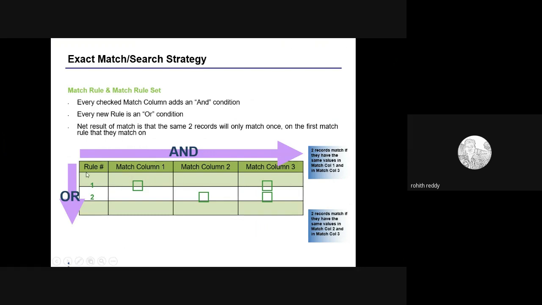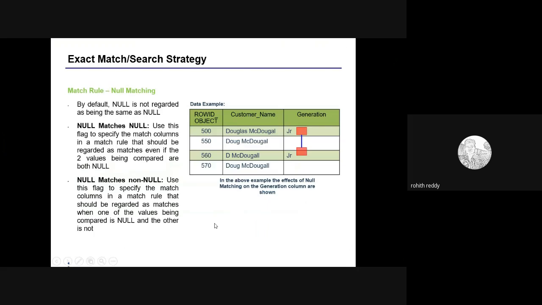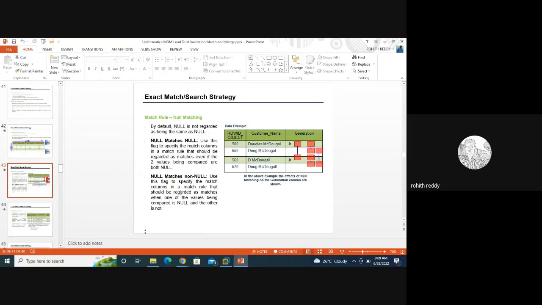If you traverse across the match rules like one, two, three, it has to satisfy either one or two or three. Yesterday this was explained to you. We also have null matches null, and not null matches null. I will explain those things also. Okay, let's go to the.